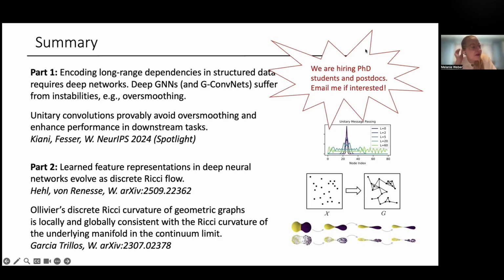This idea of using unitary operators actually goes back far into the literature, at least 20 years. Back then, people experimented with unitary operators in RNNs, so for very different types of architectures. If you go back in the literature 20 years, you find unitary RNNs.